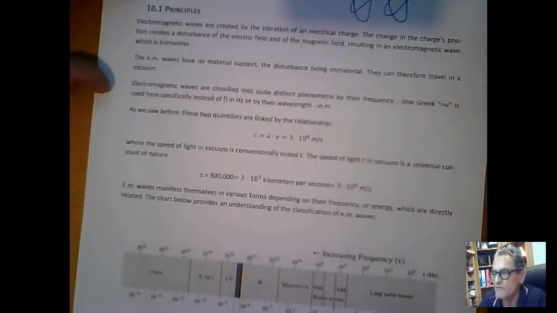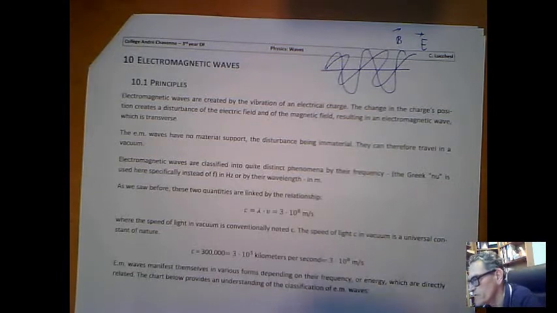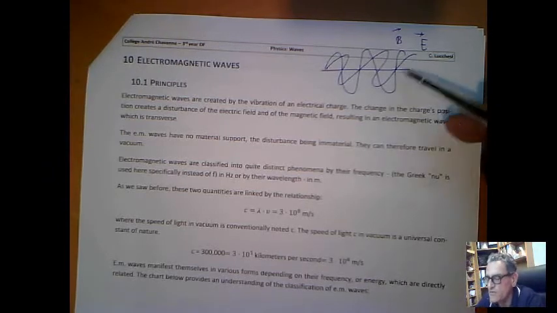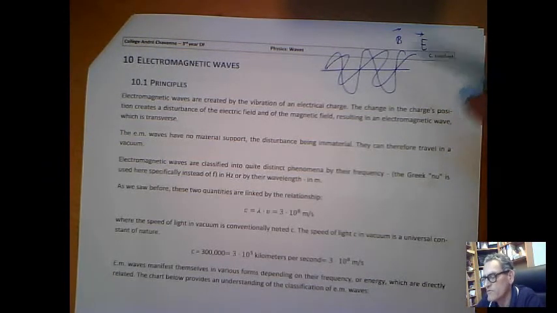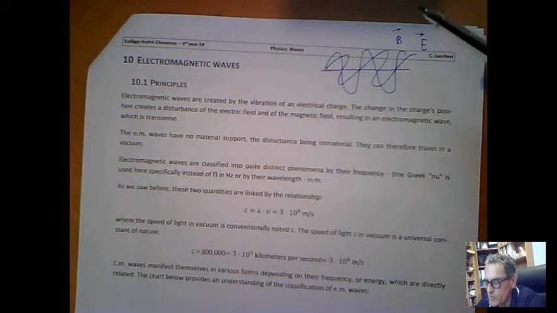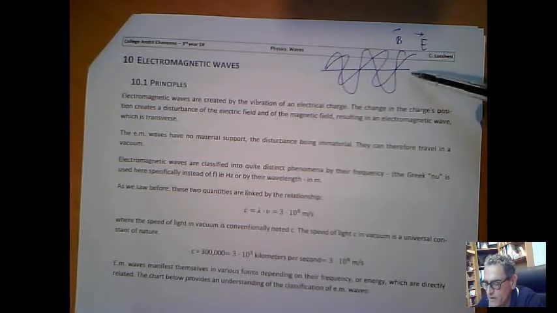The vibrations of these two fields interact with each other. A variation of the magnetic field induces an electric field. A variation of the electric field induces a magnetic field. So these vibrations are coupled, and this is how electromagnetic waves progress, and so they can progress in the vacuum.